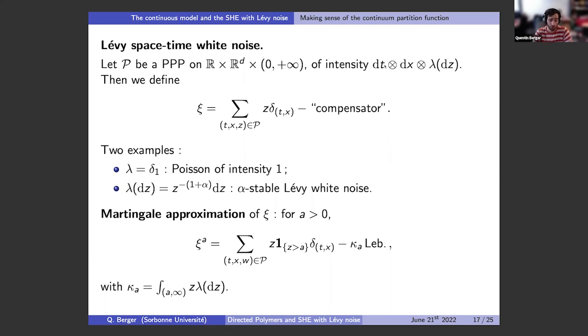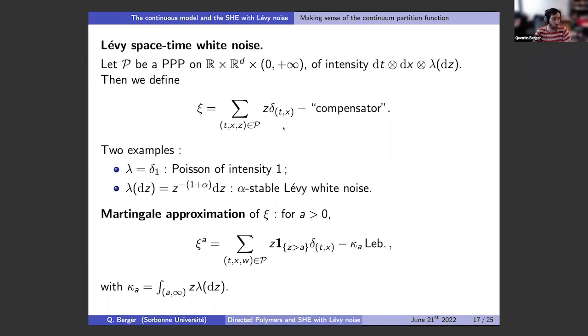So we've tried a little bit, but we didn't manage. If you're interested in this type of question, go on the website of Carsten Chong, and he has a lot of papers on the stochastic heat equation.